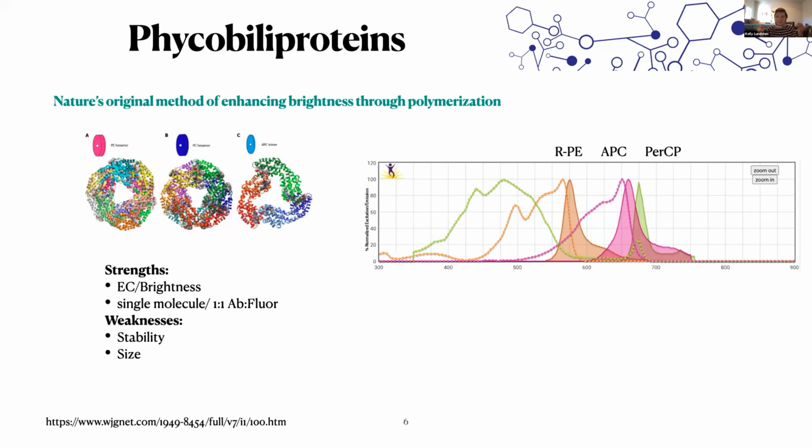You can't isolate them out and polymerize them. It's like phycobiliproteins were nature's first polymer in a lot of ways, because embedded within that protein are these single organic dyes. And that's what we're going after. That's what we're relying upon.